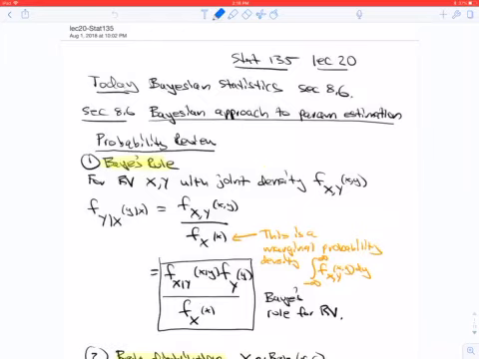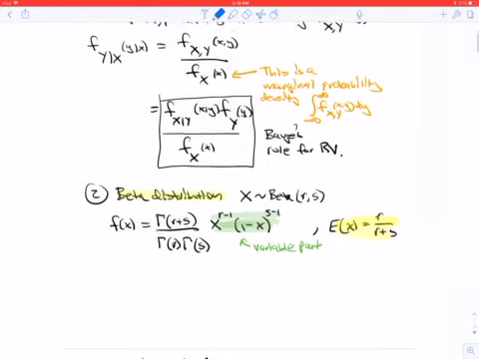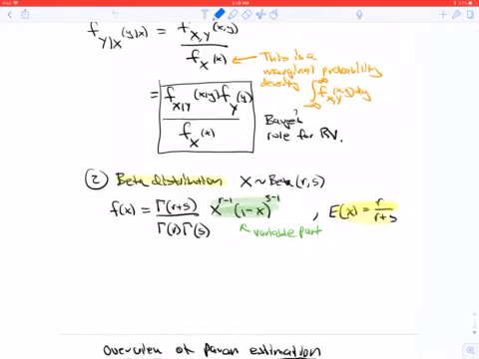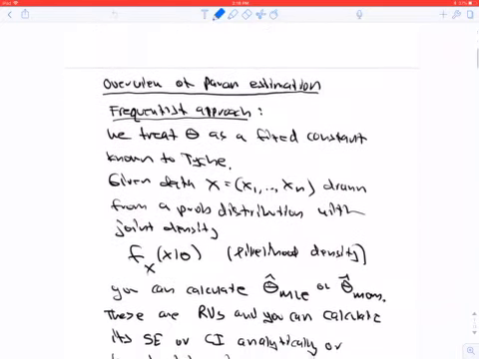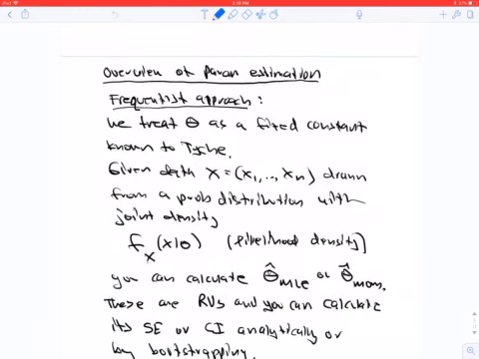We started with a quick review of Bayes' rule and the beta distribution, and gave a quick overview of the frequentist approach, in which we treat our parameter as a fixed constant known only to Tyche. We develop some data and create the likelihood density, from which we find the theta that maximizes the likelihood density.